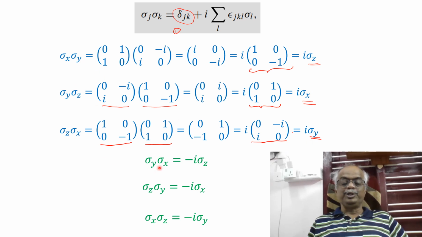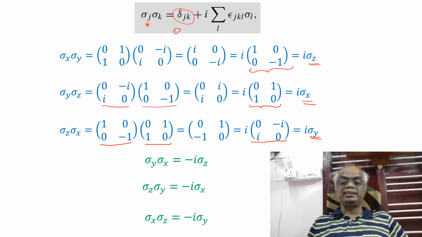Same thing, if you reverse this order, instead of xy cyclic, anti-cyclic yx, then you will get a negative sign. Same result with a negative sign. Sigma z sigma y is equal to minus I sigma x. Similarly, sigma x sigma z, because it's not zx but xz, so naturally you will get one negative sign: minus I sigma y.